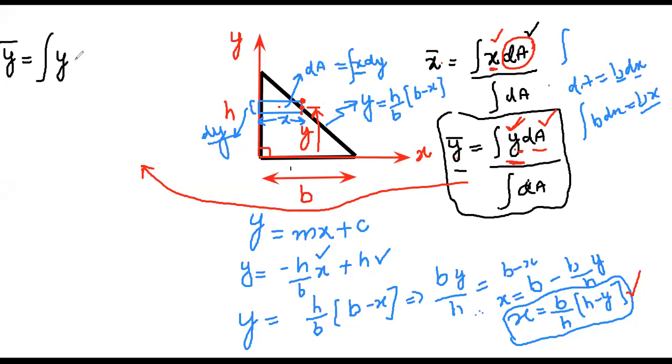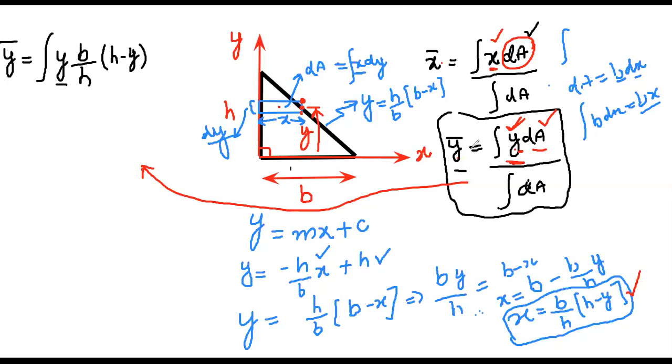We have dA is equal to x into dy, and in place of x we will write b by h into h minus y. So this is b by h into h minus y, okay?